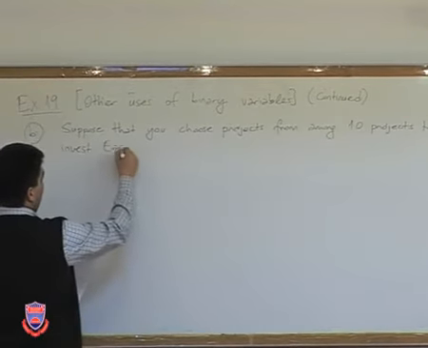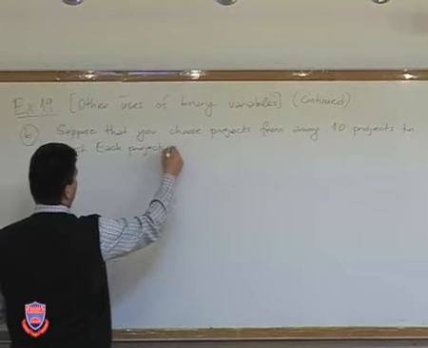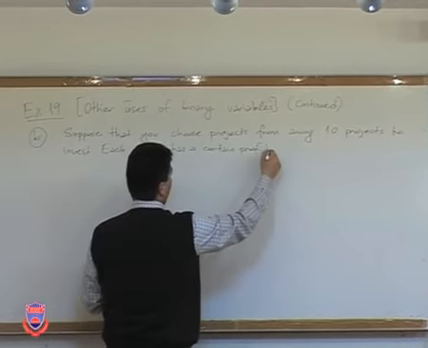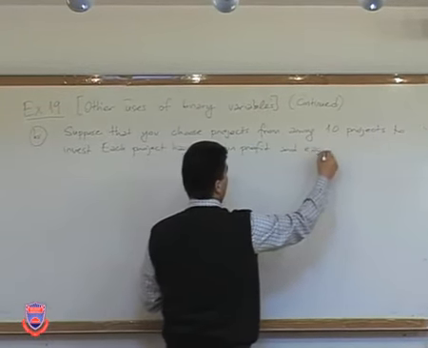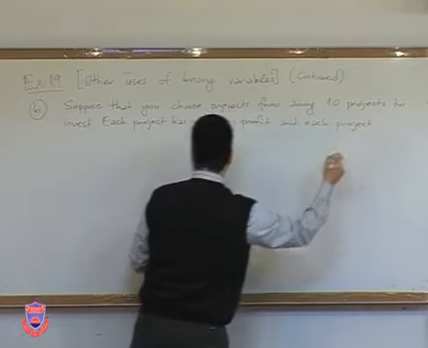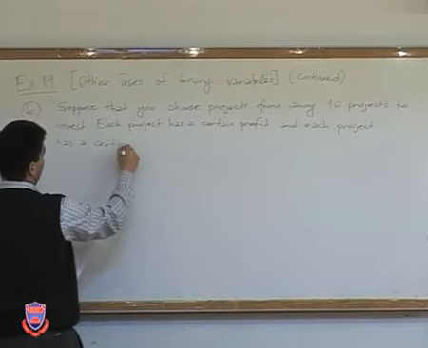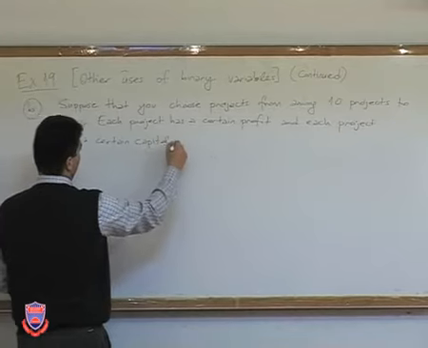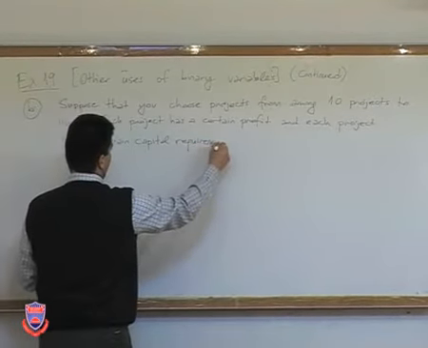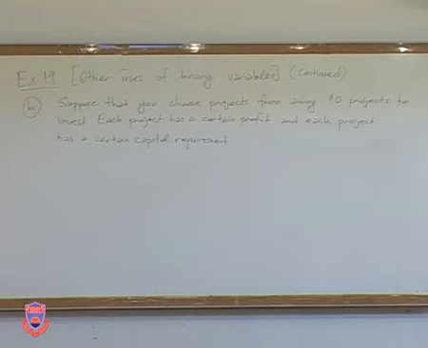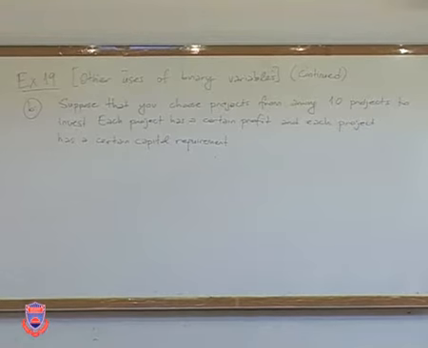Each project has a certain profit, and each project has a certain capital requirement. You can think of this as just like the example that we looked at. Basically, we had 10 projects, each one has a certain profit associated with it, and each one has certain capital requirements. So you have a certain budget constraint, and so on and so forth.